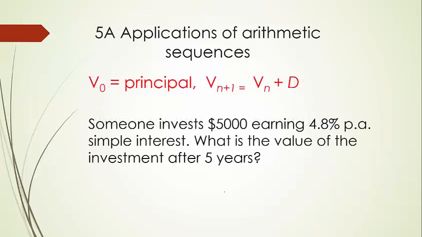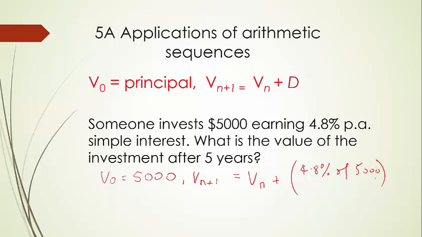Let's take an example. Someone invests $5,000 in the bank and they know it's going to earn 4.8% per annum, simple interest. What is the value of the investment after 5 years? V0 is your $5,000, and each successive term, Vn plus 1, is going to be found once you've got a Vn by adding 4.8% of $5,000.